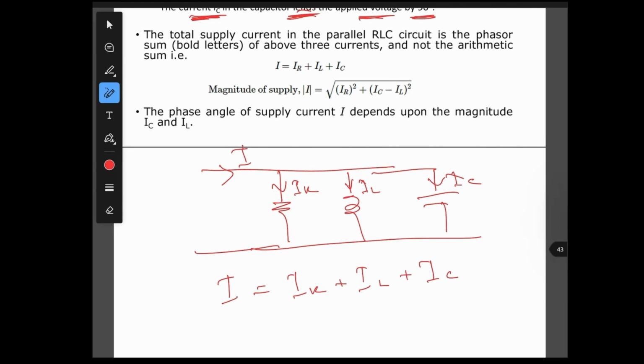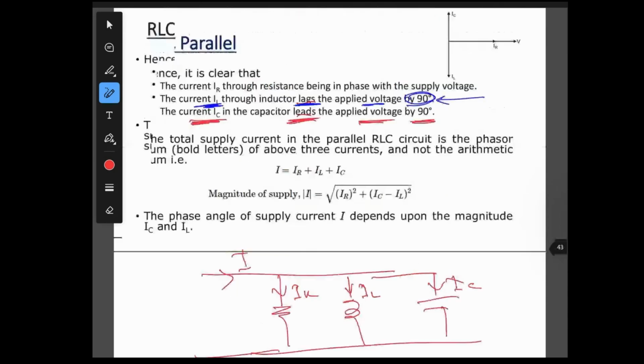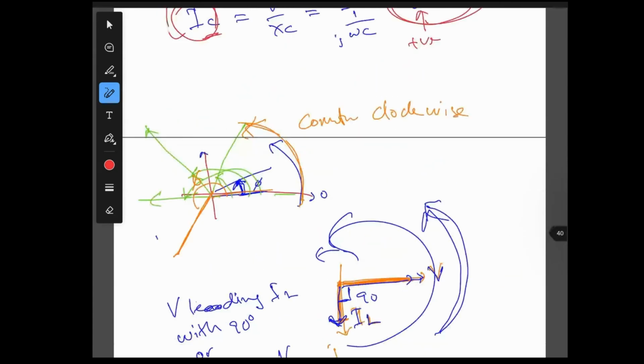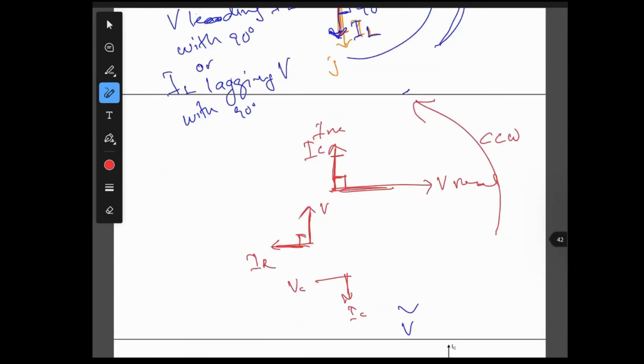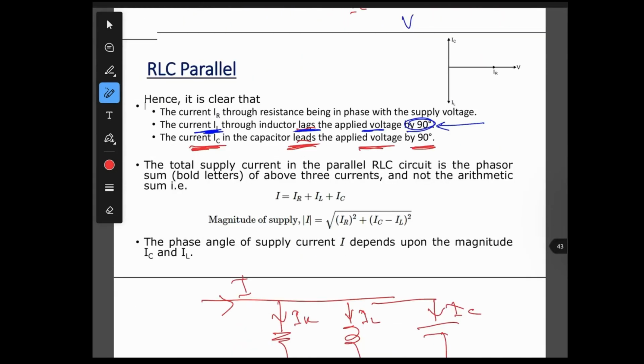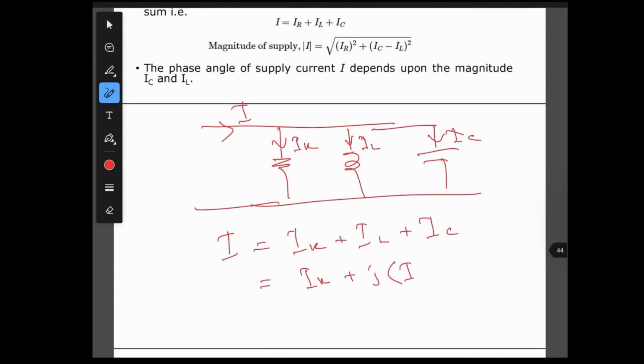We know that IL is negative, so IL is minus J. IC is positive. So IC minus IL. I equals IR plus J times IC minus IL, equal to I total.